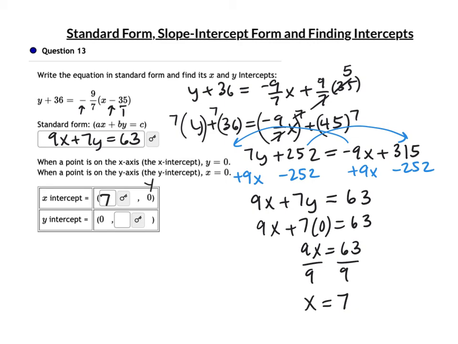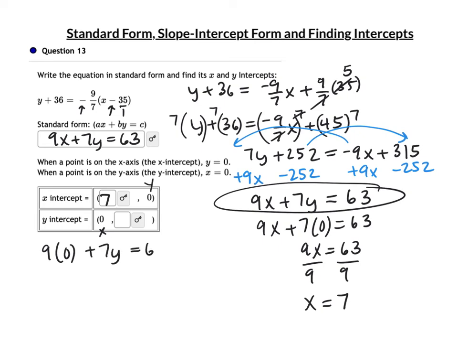So take the equation right here and put in x is 0. For the y-intercept, x is 0. 9 times 0 plus 7y equals 63. That's 7y equals 63. Divide by 7, and y would equal 9. So our intercepts are 7, 0 for x and 0, 9 for y.